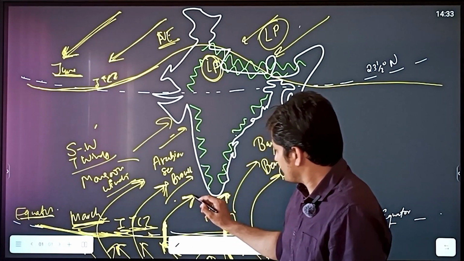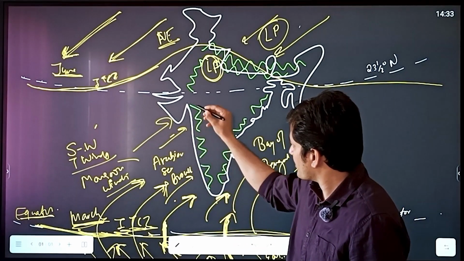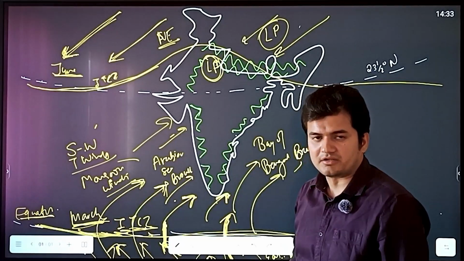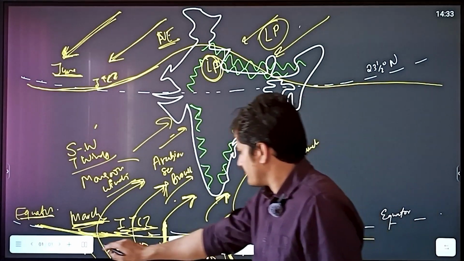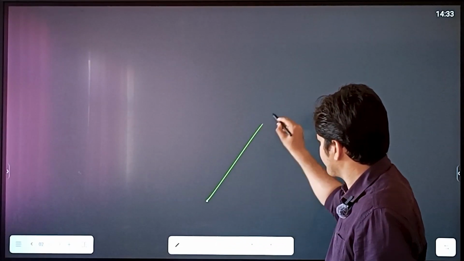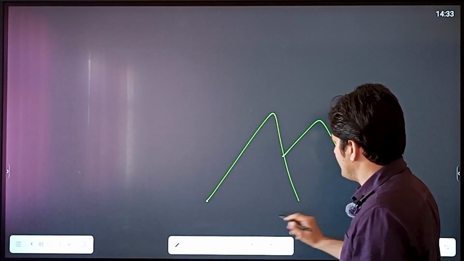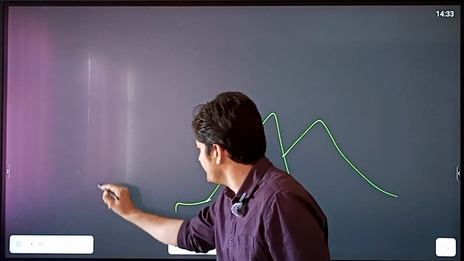So we can see here the monsoon winds are going to collide with the Western Ghat region. Then what will happen? Suppose these are the Western Ghat mountains, and here we have Indian Ocean.